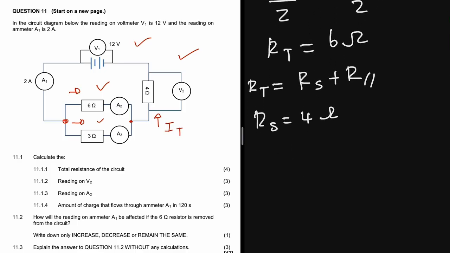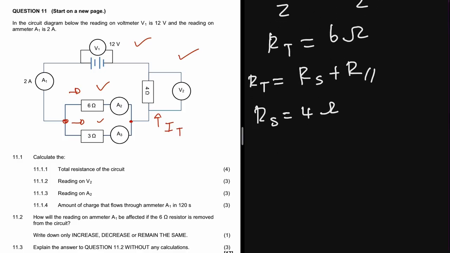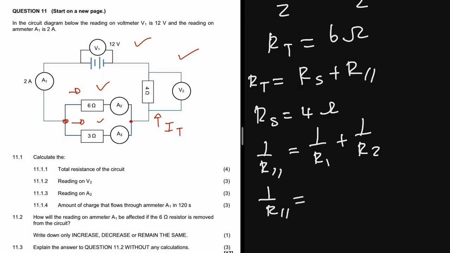To calculate the resistance in parallel, we use the equation for resistance in parallel: 1 over R parallel equals 1 over R1 plus 1 over R2. We substitute our resistances that are in parallel, which are 6 ohms and 3 ohms: 1 over 6 plus 1 over 3.